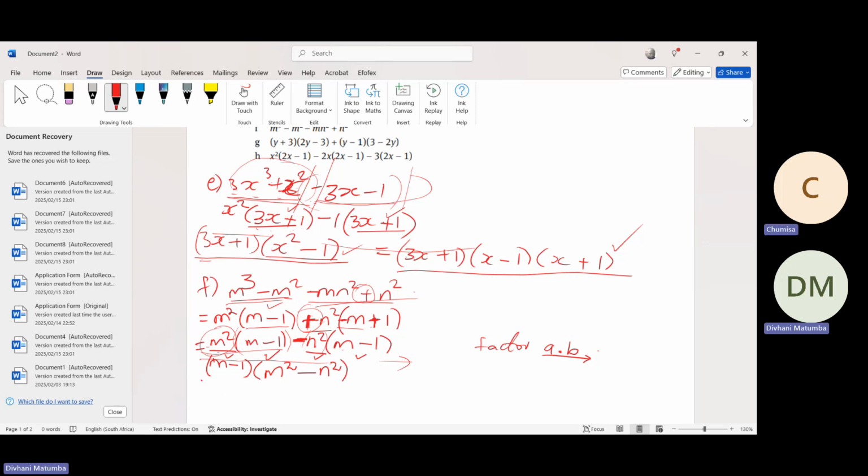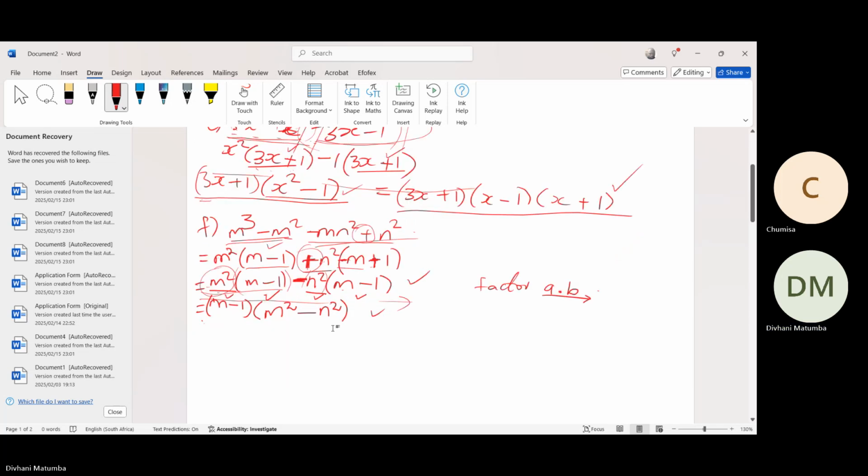Perfect. Do we have any further factorization that we need to do? Because you must always be on the lookout for further factorizations. Do you see anything that has to be further factorized, Kumis? No, sir. Okay.